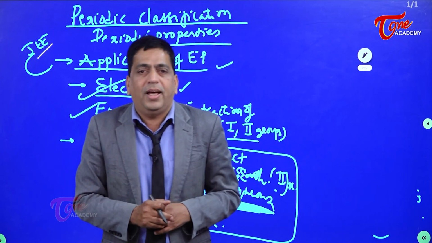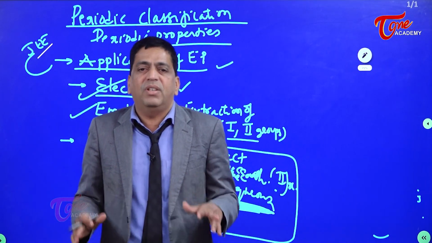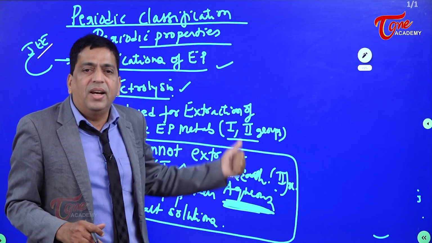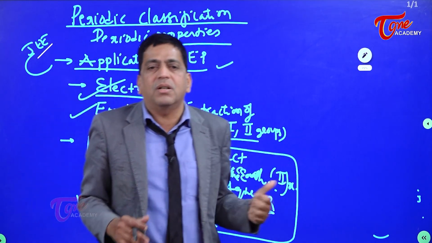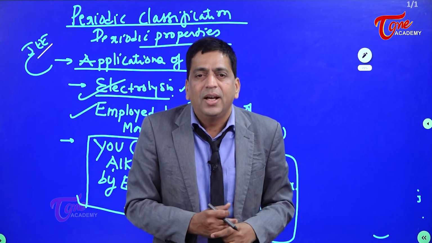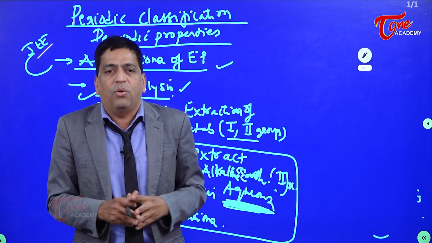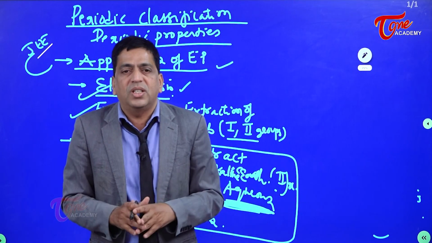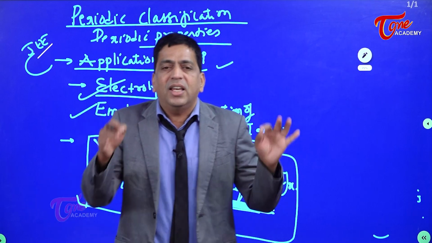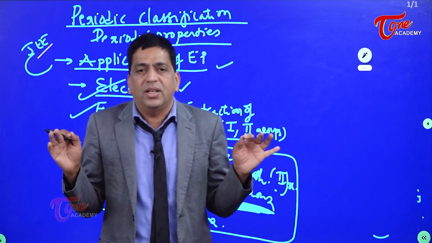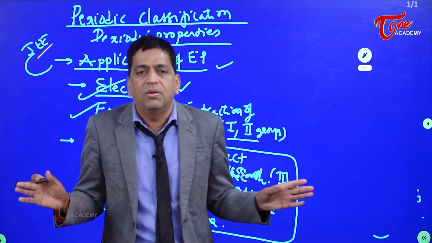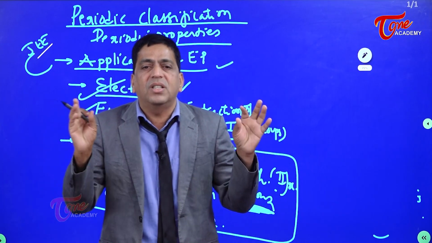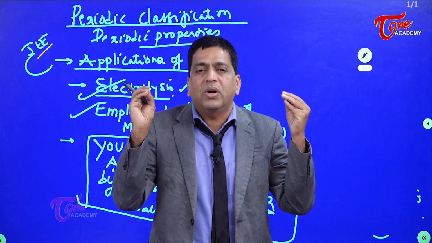And why I am discussing this is because we will link it to electropositivity. So two things you need to carry forward in your brain. Number one, electrolysis is the procedure to extract each and every element in the first and the second group, and those are labeled to be the most electropositive elements in the periodic table.